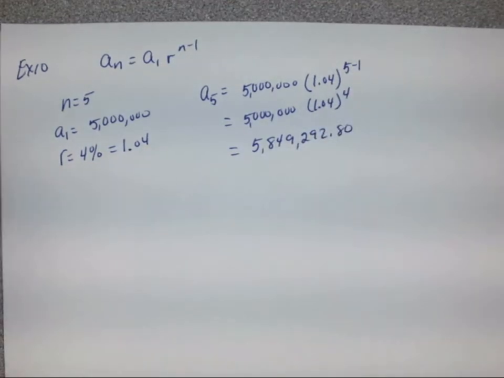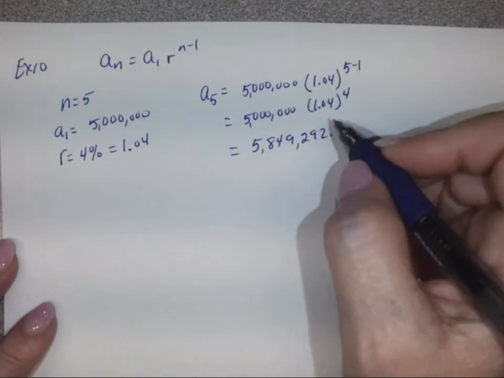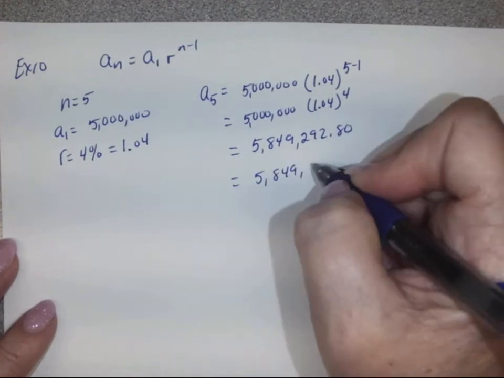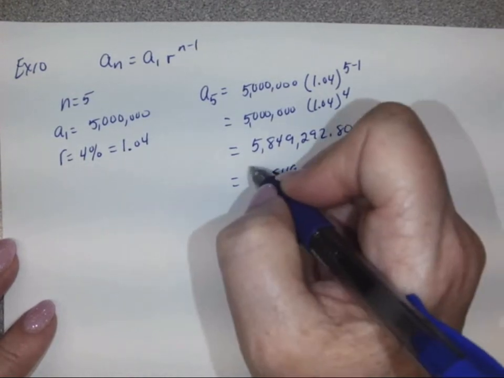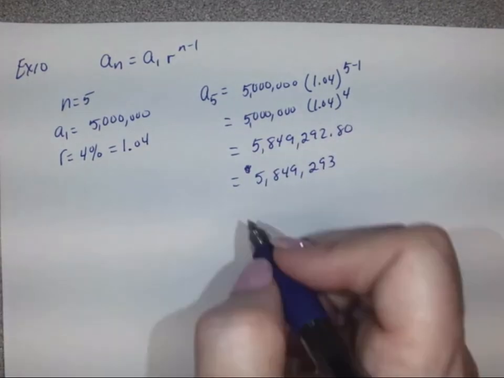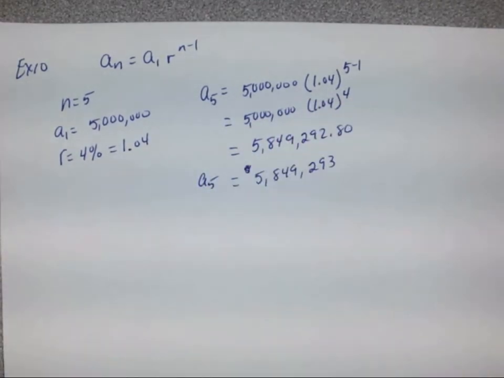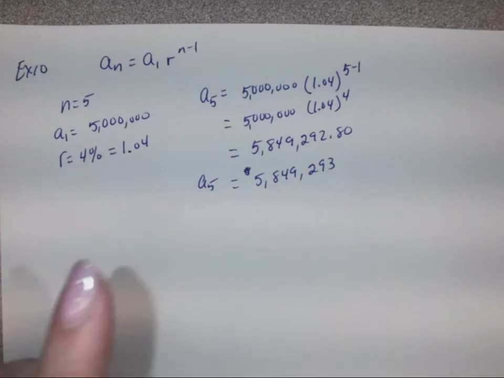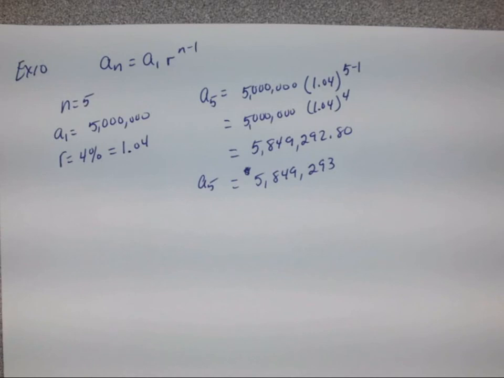Now, if they ask me to round to the nearest whole dollar, that 8 will round it up, and we'd get $5,849,293. That would be our a sub 5. So in 5 years, he's gained $849,293. This will be the other part of your project that is coming up this week.